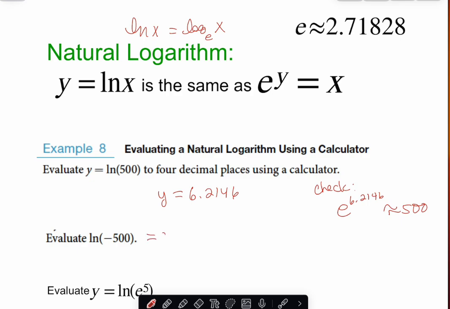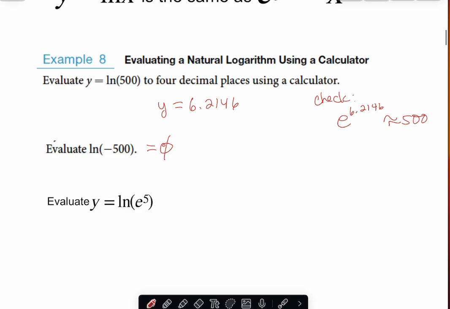So this one is no solution. Inside of a logarithm, any kind of logarithm, whether it's log base 10, log base e, log base 7, log base 4, that number right there always has to be positive. So if we try to enter in a negative, it is going to go, what? It's going to be confused.